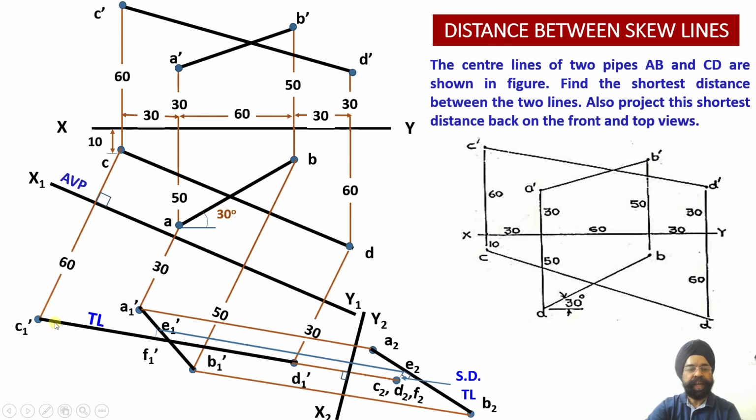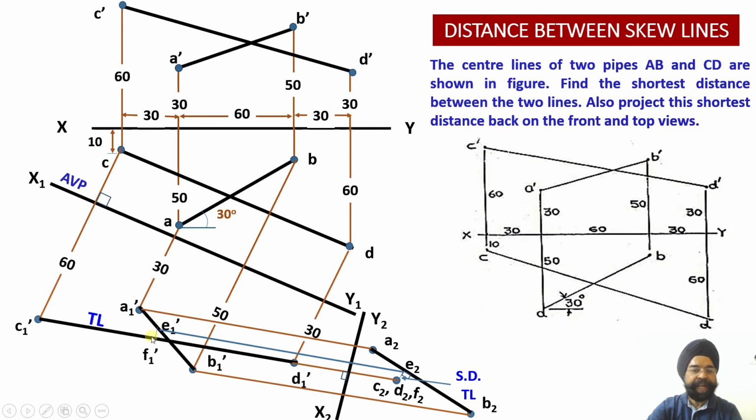Earlier I was telling you F1 dash could have been here, could have been here, could have been here, or could have been here. But now there is no uncertainty regarding the location of point F1 dash onto the line C1 dash and D1 dash. And now it verifies the fact that since E1 dash and F1 dash is perpendicular to this true length and this x2 y2 was also perpendicular to the true length, so E1 dash and F1 dash, this particular projection is parallel to x2 y2.